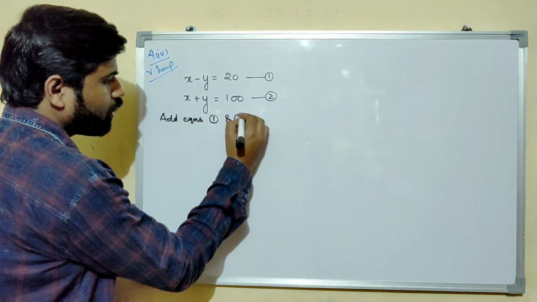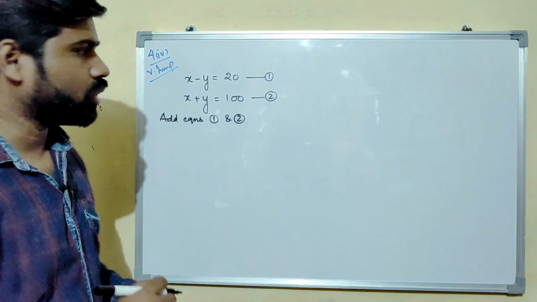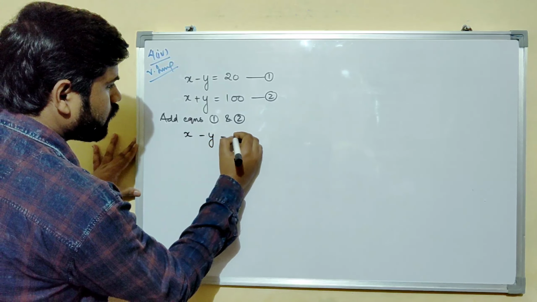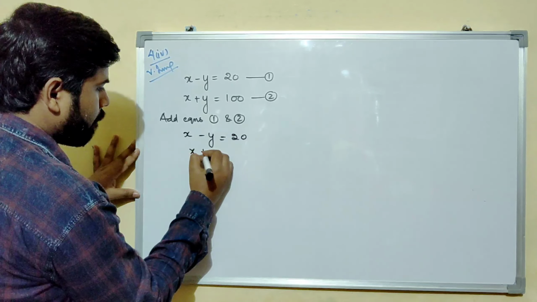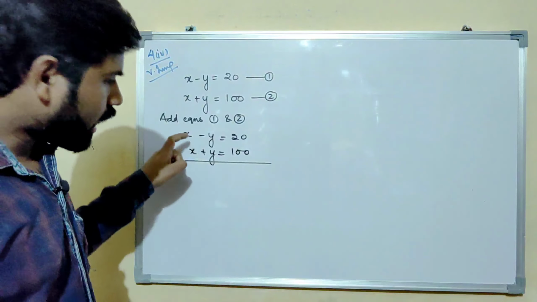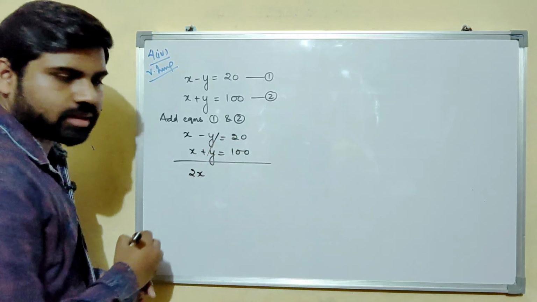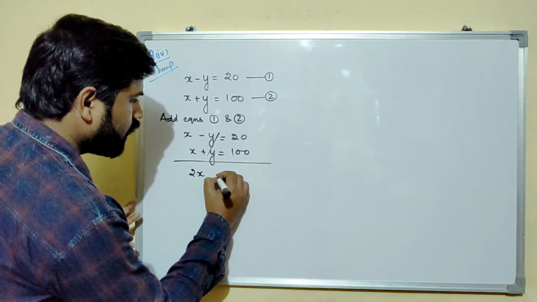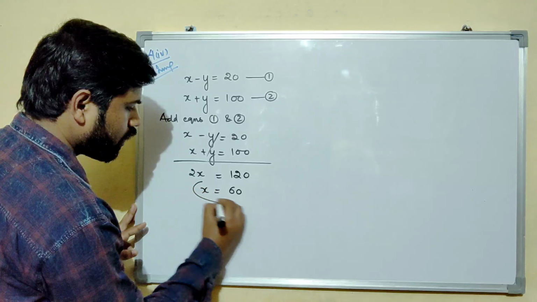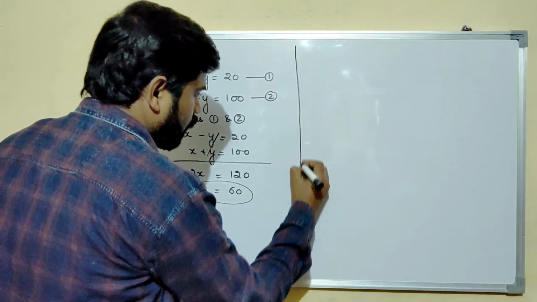1 and 2. You can eliminate any of the variables, x or y, as you want. So when you add these, let me just write the equations first. You are adding it, x plus x will be 2x and y will be cancelled and 100 plus 20 is 120. So x will be 60. Substitute this value in the first equation.